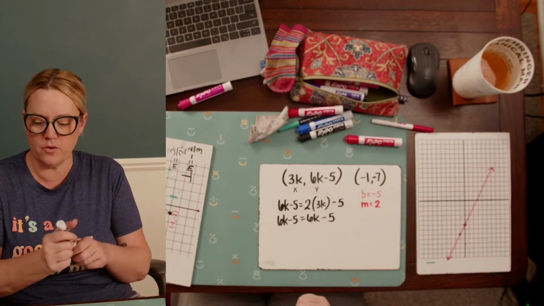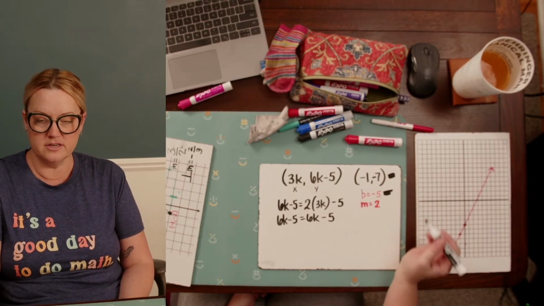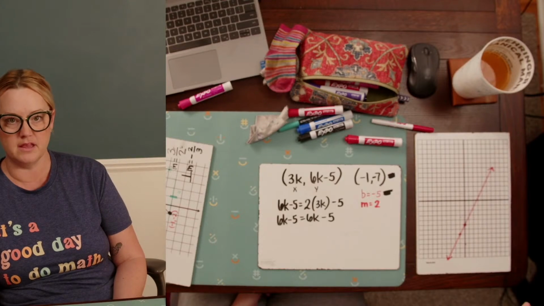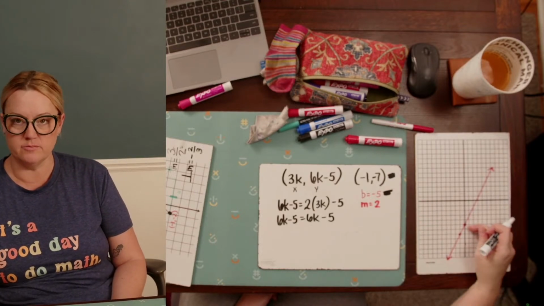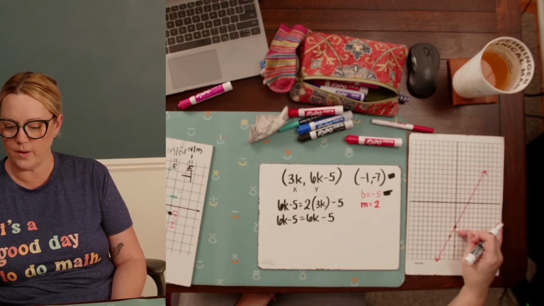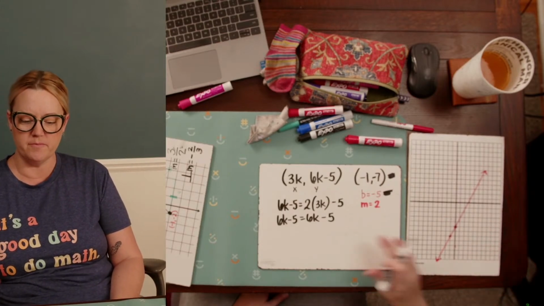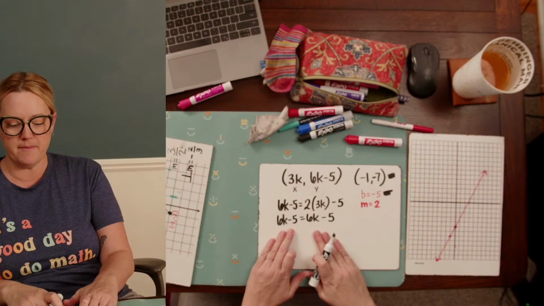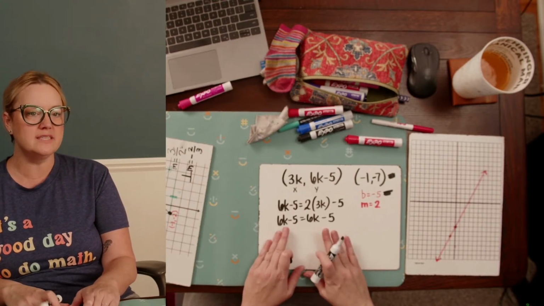Because if you have a point and the y-intercept, you can write the equation. You can find the slope just like we just did. And once you have that, you can do point-slope form, or whatever. But putting this in, 6k minus 5 equals 6k minus 5, it's always going to equal that. They're always going to equal each other.